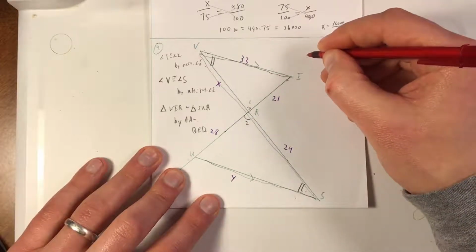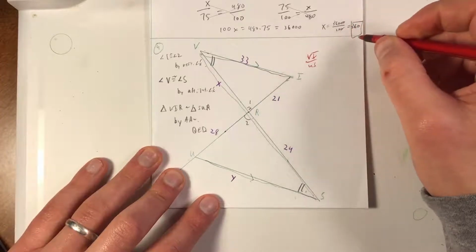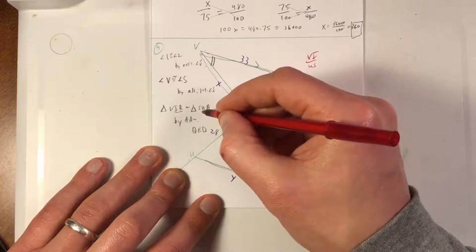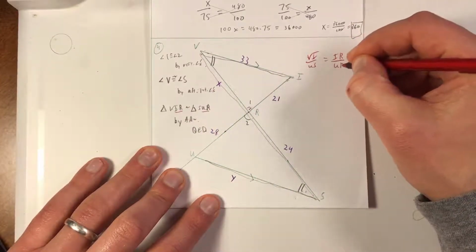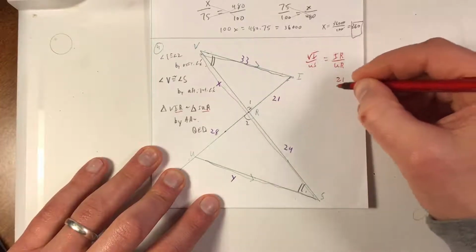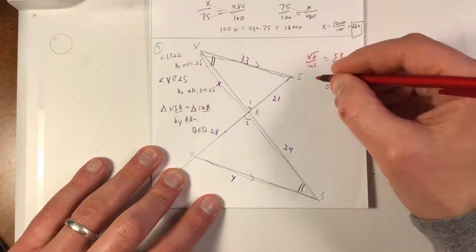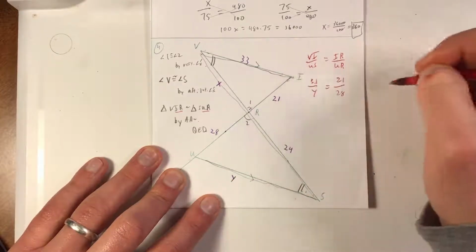So VI matches up with US, and I also know IR matches up with UR. Well, let's see here. IR is 21, UR is 28. VI is 33, US is Y.